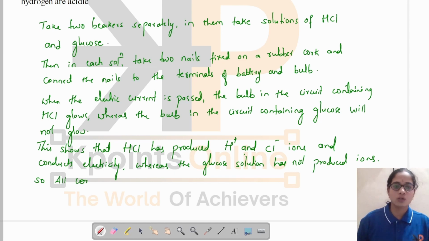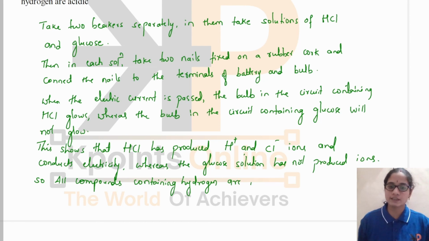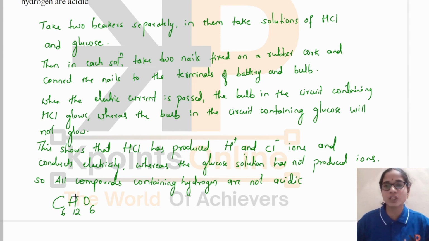We know that even glucose has hydrogen atoms, but these hydrogen atoms are not ionized. This glucose solution will not produce ions, because of which it will not behave as an acid. It does not have acidic character.